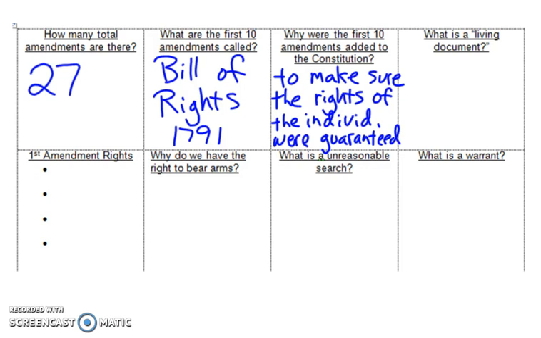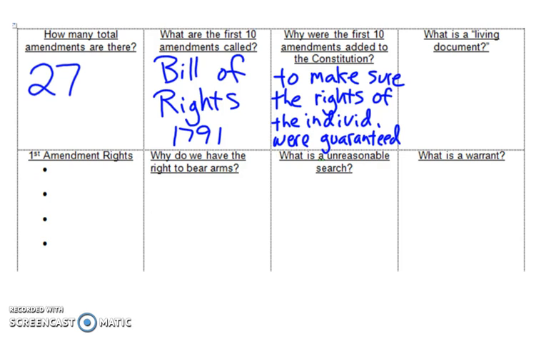It wasn't enough that the government promised to protect our rights. It wasn't enough that the government said they would respect our rights. We wanted them guaranteed. And the only way to really guarantee something is to have them in writing. So now that we have our 10 Amendment rights written down, they are guaranteed to be protected.